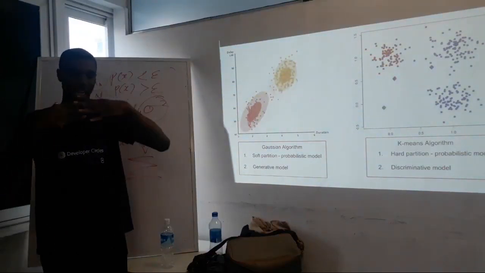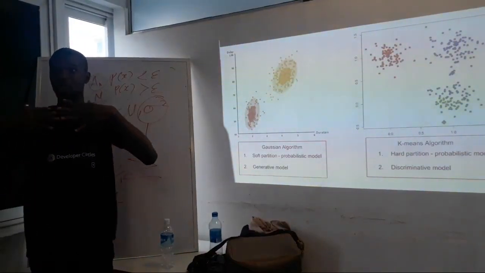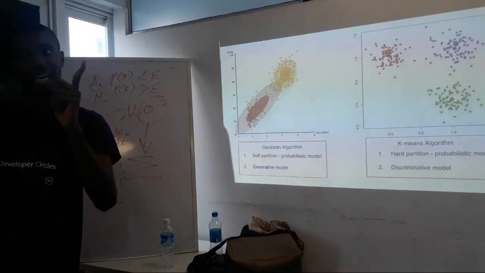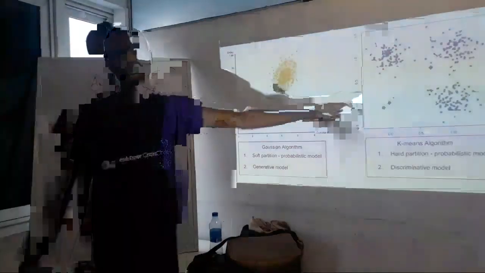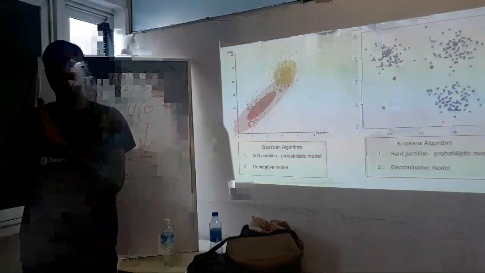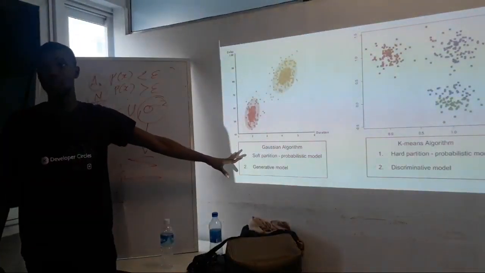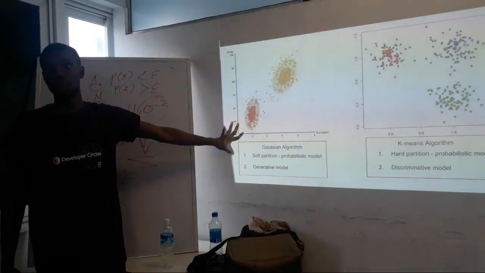It gives you an overlap, with a confidence for each. K-means just tells you it is in or not in, so that makes it discriminative. This one is generative because it has to do with probability.